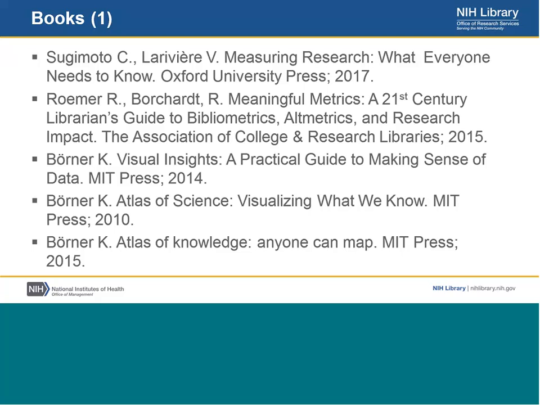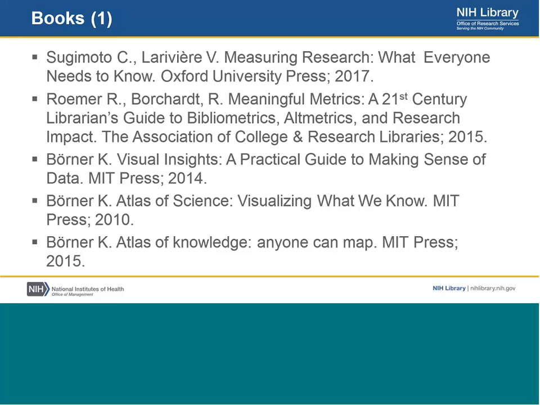I'm not going to read all of these titles, but I would like to point out the first two books on this list. Measuring Research, What Everyone Needs to Know, is a very small, lightweight book. It's very accessible and easy to read and gives you a lot of great foundational information.